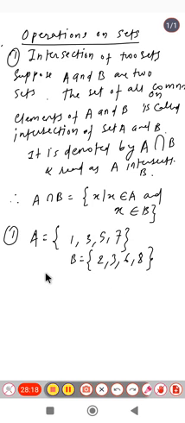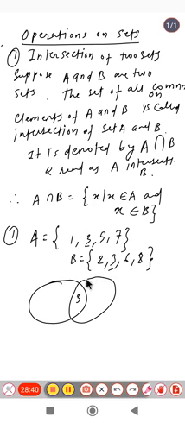Now first of all, we have to draw one Venn diagram. Intersection is nothing but the common elements. Here it is 3, so we write 3 in the middle. Now in the set A, 1 5 and 7, with 3 already written. In the set B, 2, 3 here, 6 and 8.